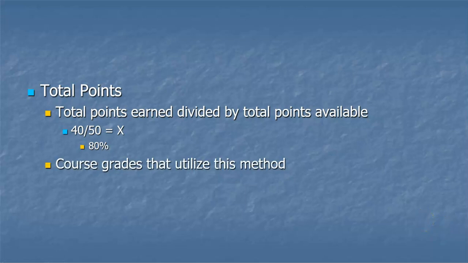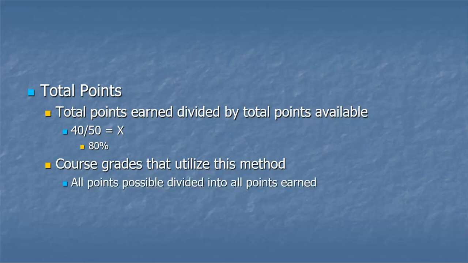So this is what happens usually on a test. But there are course grades that utilize this method as well. And I'm going to show you what can be advantages and disadvantages to this.